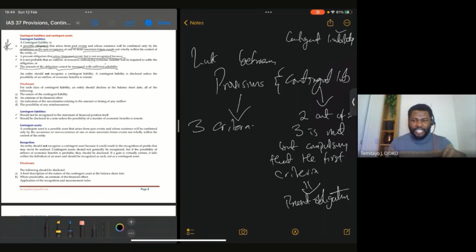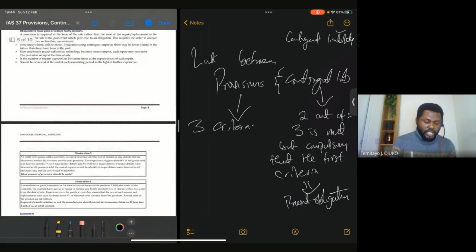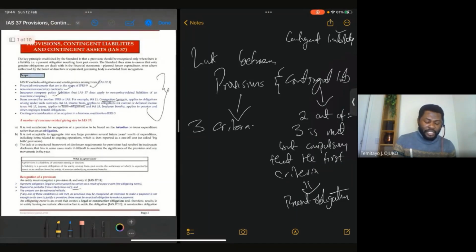That is why if the three criteria are not met, but the present obligation and any of the other two are met, then because you are unable to recognize it as a provision, you can disclose it as a contingent liability. Okay, so that's all about contingent liability.